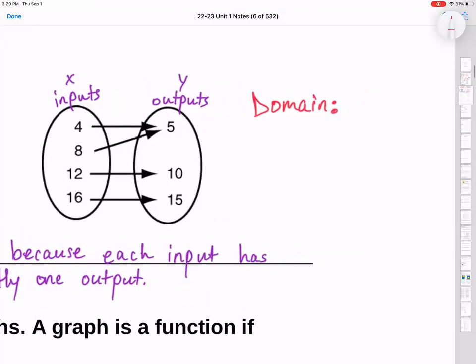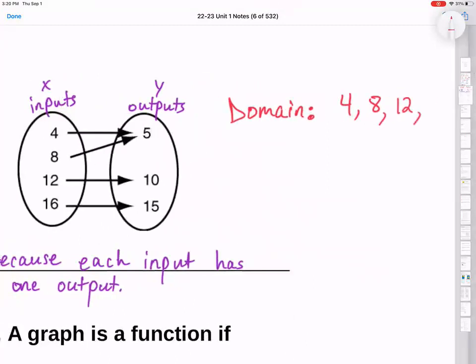So it looks like our first number would be 4, then 8, then 12, then 16. And then for our range, again, from smallest to biggest, looks like 5, 10, 15.